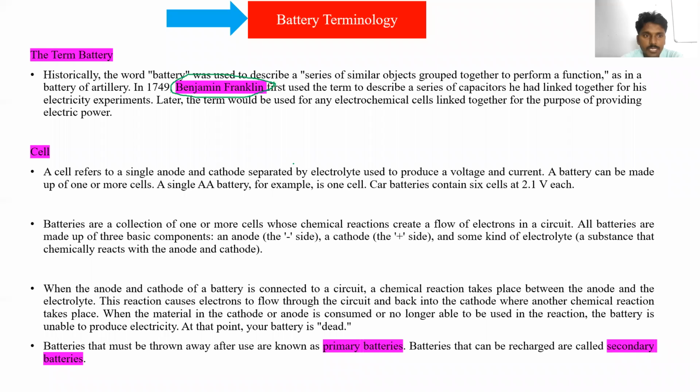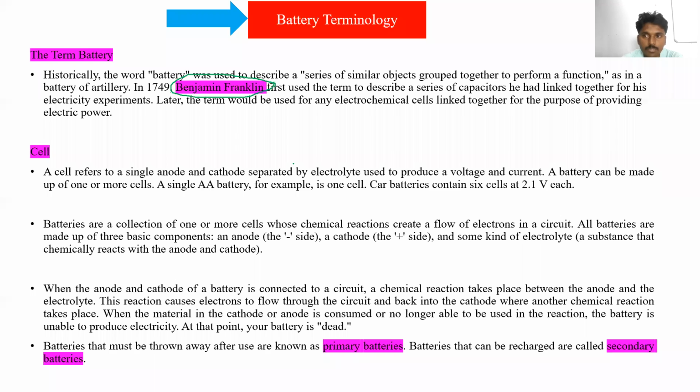A battery can be made up of one or more cells. A battery is nothing but a combination of a number of cells.